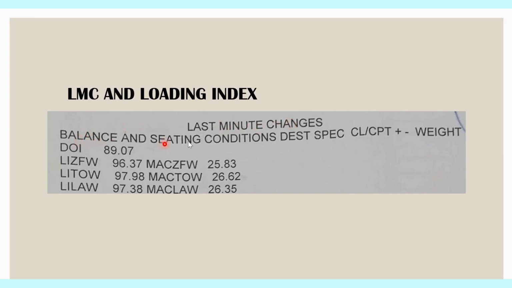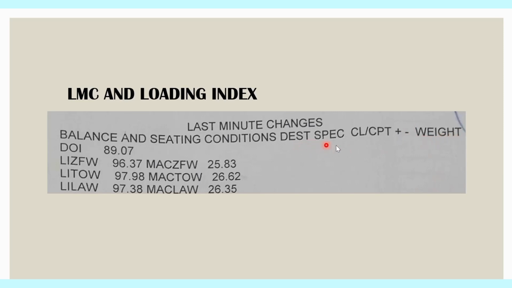So balance and seating conditions, destination, where the changes are affecting, specifications of the changes, where will the loading go, will it be in the compartments or in the cabin, are we adding, plus, or subtracting, minus, and how much are we adding or subtracting.